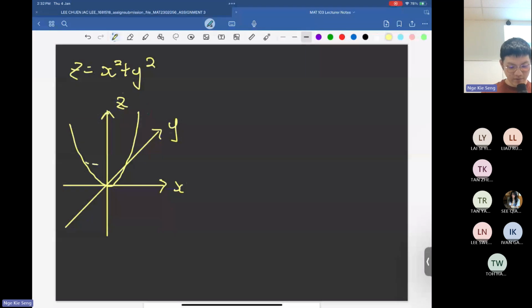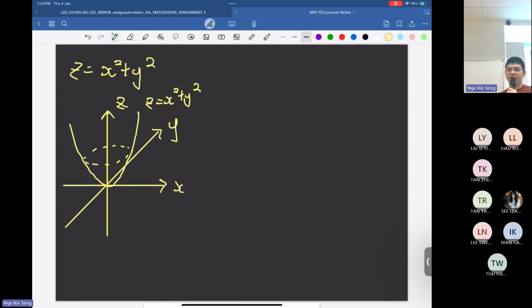Paraboloid? Is it a paraboloid? Because the two-dimensional one is a parabola. I think this is called a paraboloid, but there are a few types of them. Okay, this is the shape.